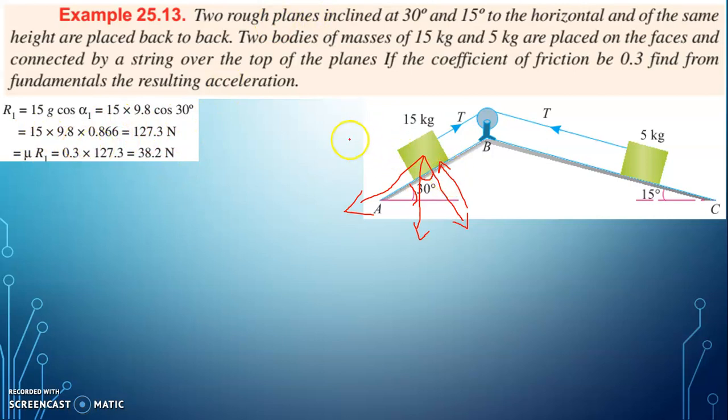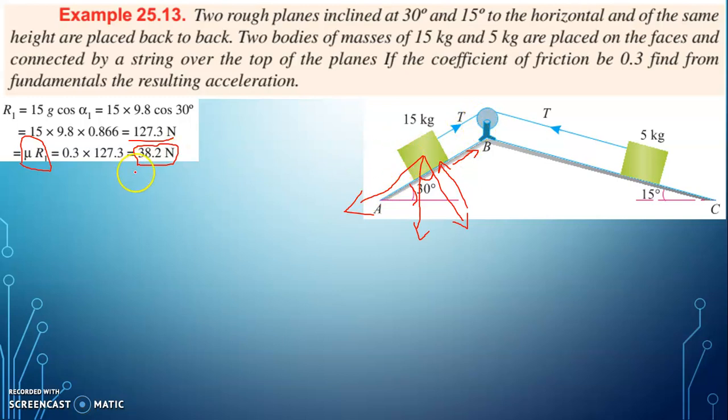Due to this reaction, there will be friction. As the 15 kilogram block will be moving downward, the friction will be acting in the upward direction, and its value will be given by mu into R1. So the frictional force will be 38.2 Newton, acting up the incline.